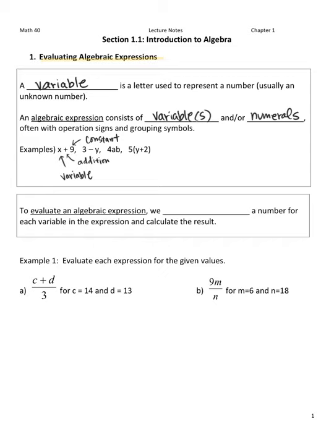Okay, how about 4ab? 4ab contains the variables a and b, and the number 4, right, and the operation of multiplication. So 4ab is really 4 times a times b. So you notice that there are multiplications here, right?